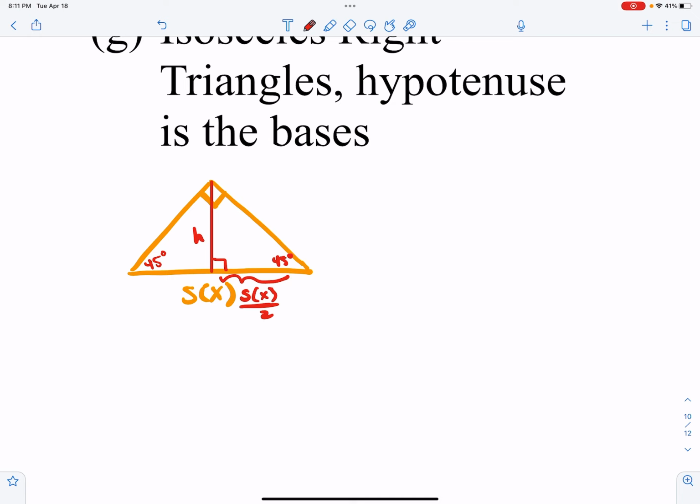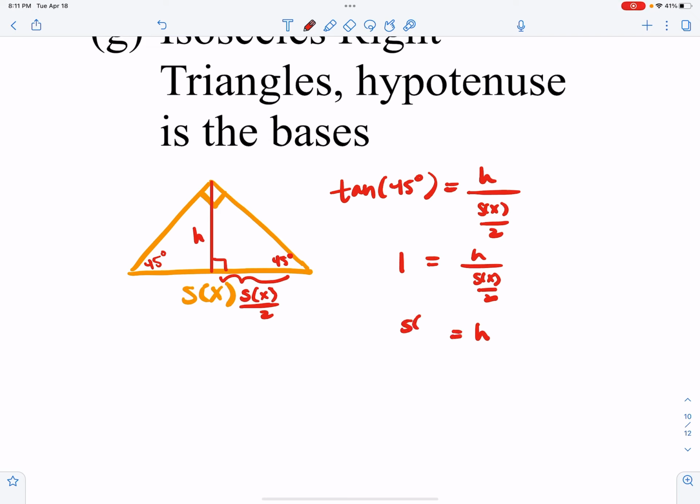So we could say, okay, for sides of this right triangle, opposite over adjacent, tangent of 45 degrees is equal to h over s of x over 2. And tangent of 45 degrees is equal to 1. So that means that h is equal to s of x over 2.